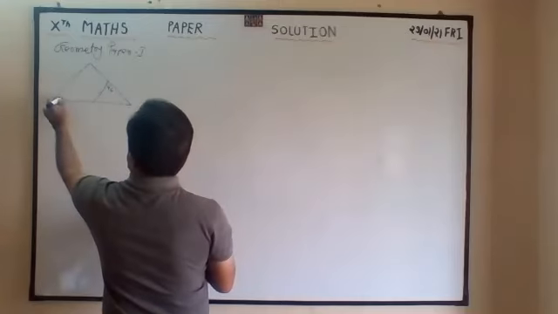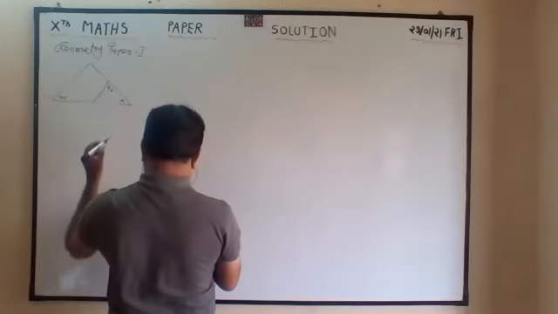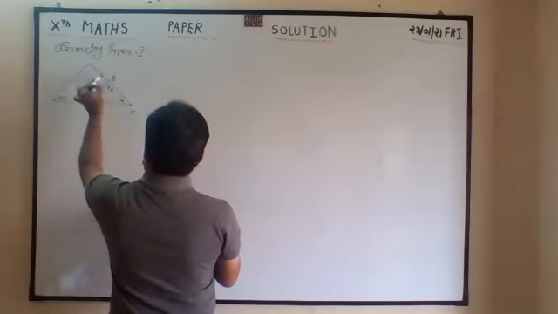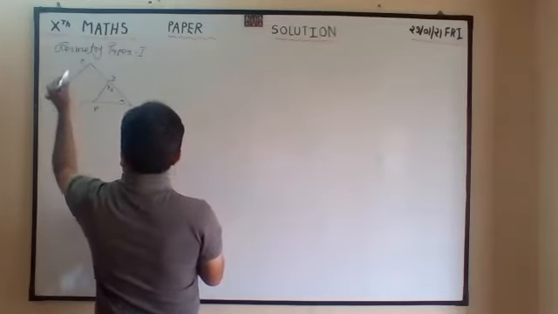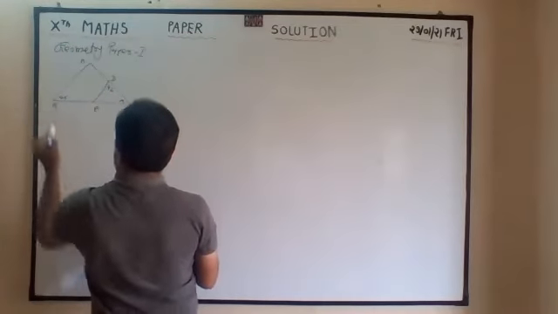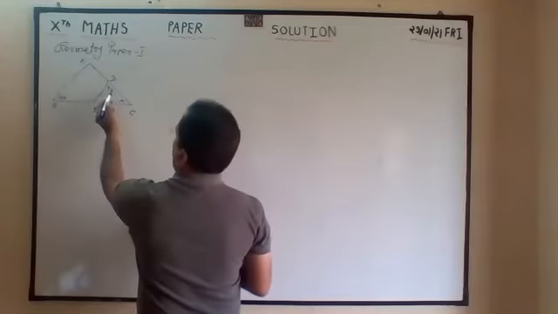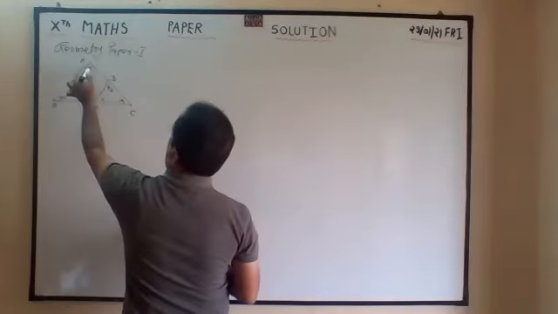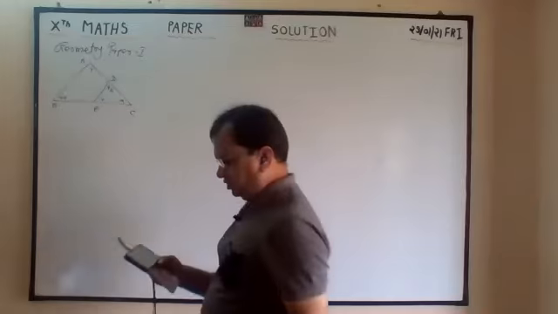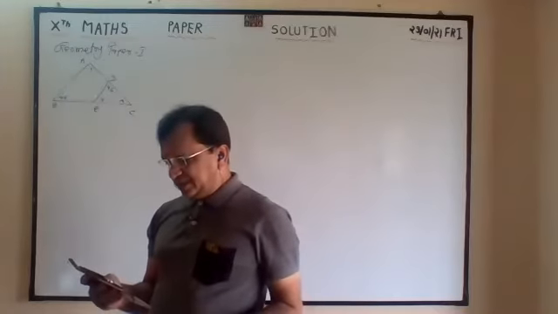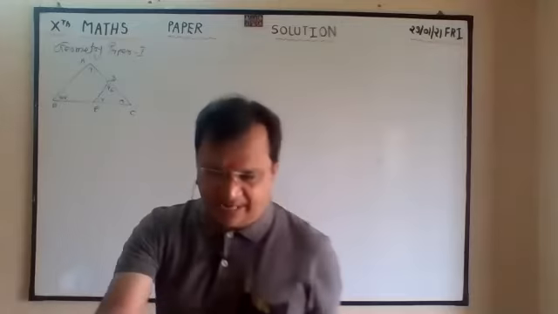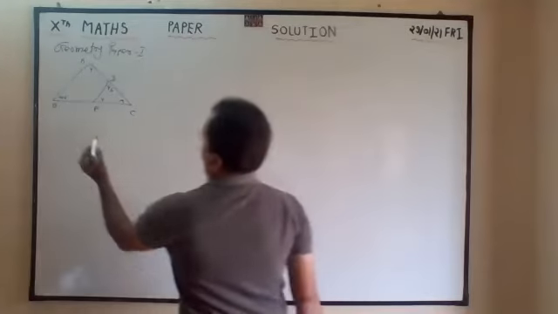This is 46, this is 46, this is common. So X, E, C, D, A, B. 46, X and Y. So the two triangles are similar by AA test, but that we have to prove.